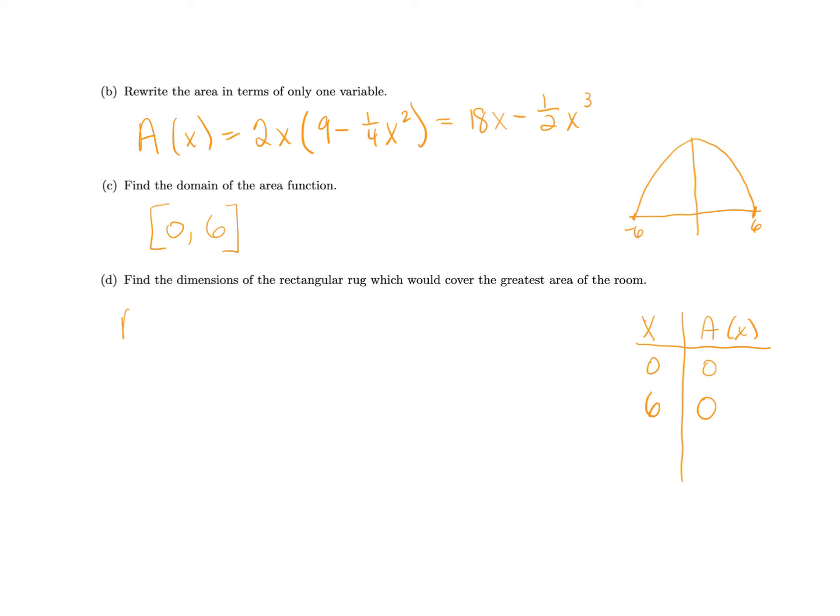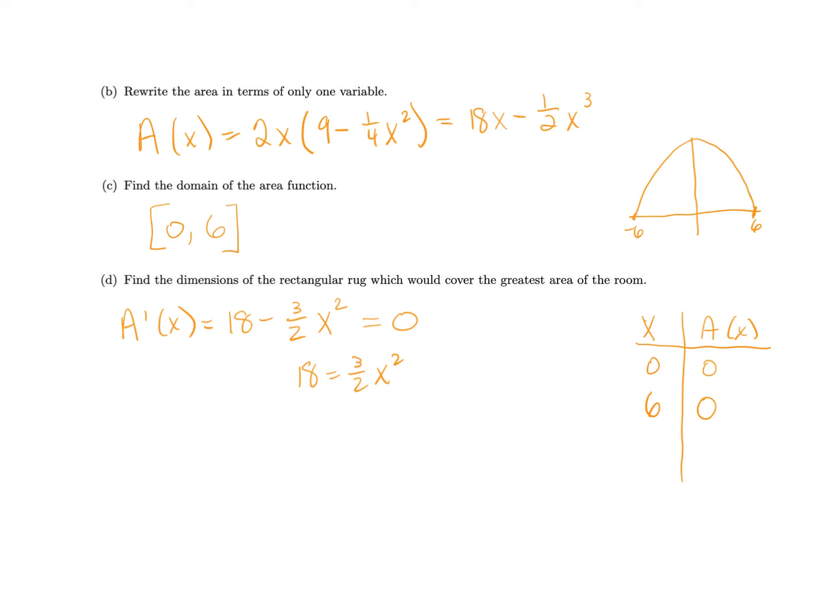So I get critical points by taking the derivative, which would be 18 minus 3/2 x squared. And I solve for x, and I set it equal to 0. And in solving for x, I get 18 equals 3/2 x squared.